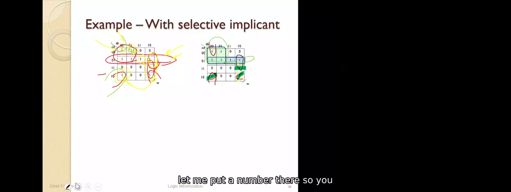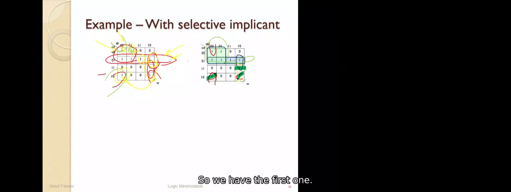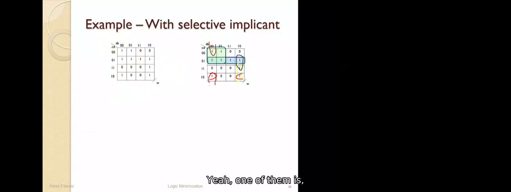Now we have to select. What do we select? We have 4 implicants. Let me put a number on each so you tell me which one I should select. Let me erase everything. One of them is the dark red one, this and this.